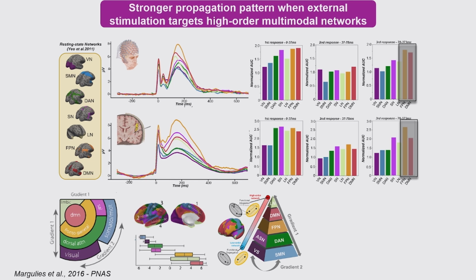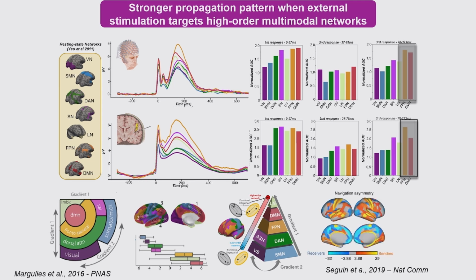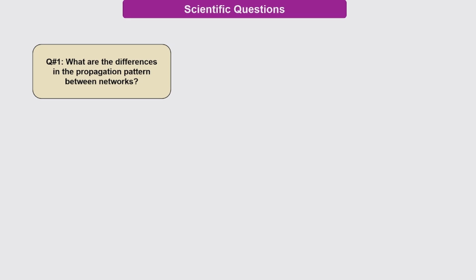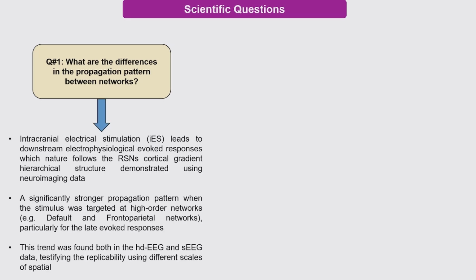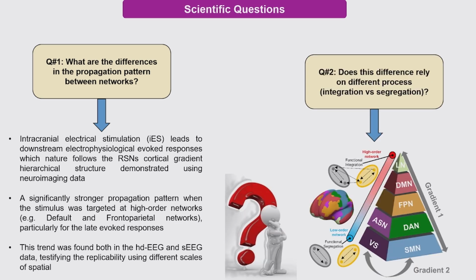This is with EEG, and we show it both for intracranial EEG and extracranial EEG, so for two different levels of spatial resolution. So the next question, basically this is just a summary: there are differences in how the stimulus is propagating depending on what network was perturbed. The next question is, does this difference arise from different processes?